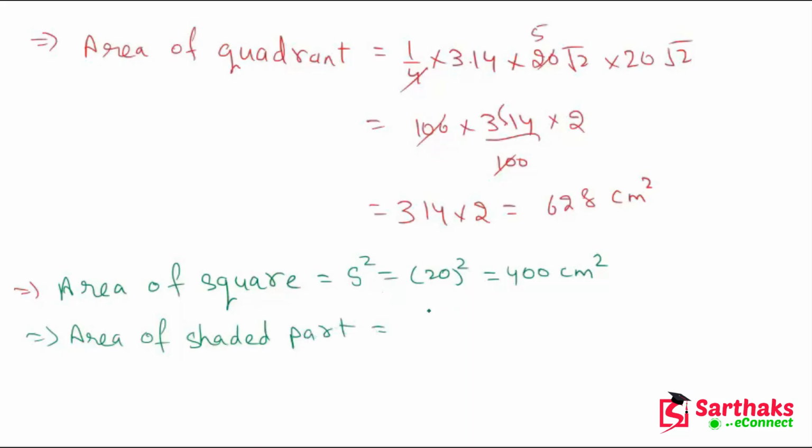Shaded part is 628 minus 400. So we get 228 centimeter square, because we are subtracting the area of the square from the area of the quadrant. So this is the answer.